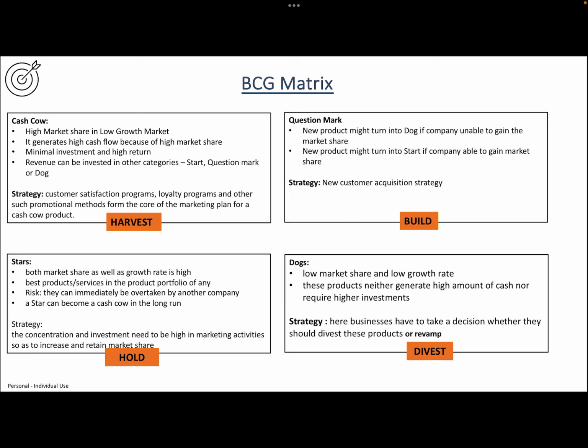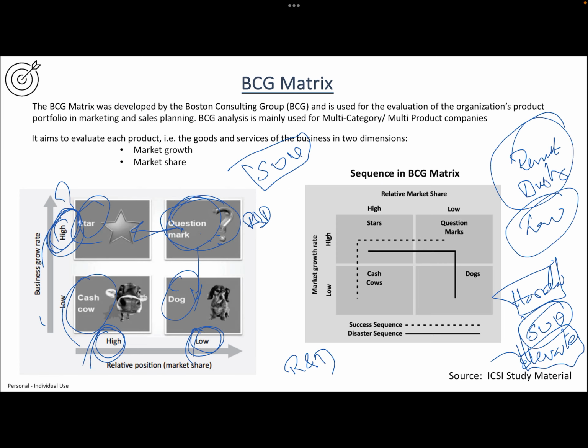Cash cow. Cash cow is a situation where our market share is high, but the growth rate of the market is low. Correct? The growth rate of the market is low, but our market share is high.